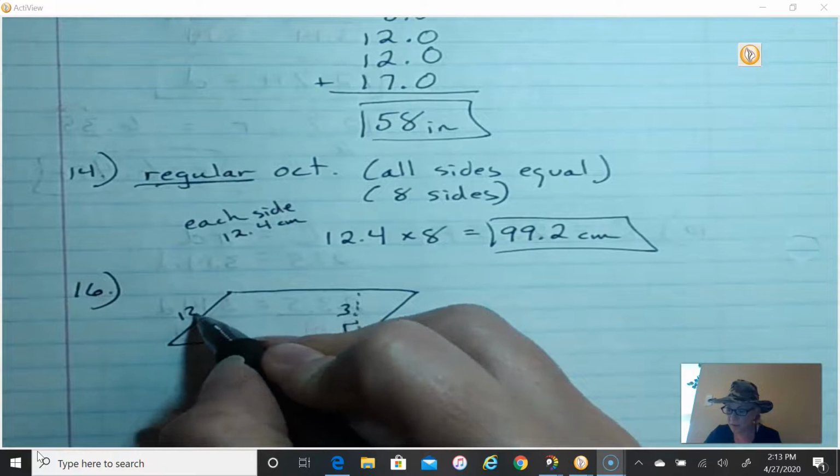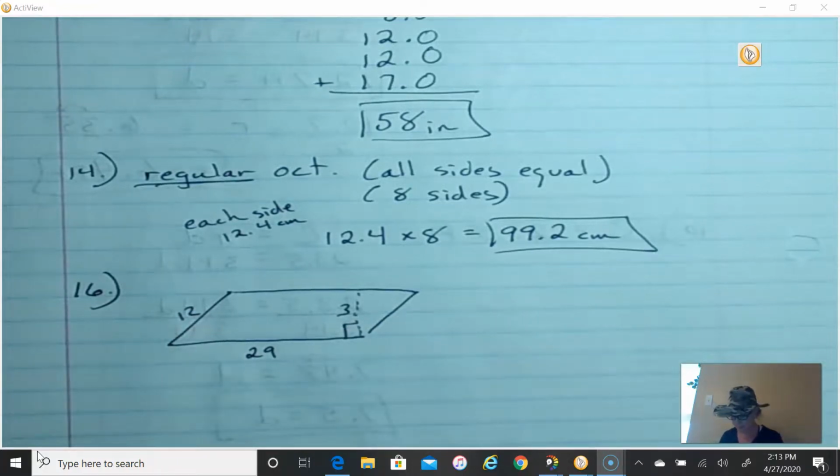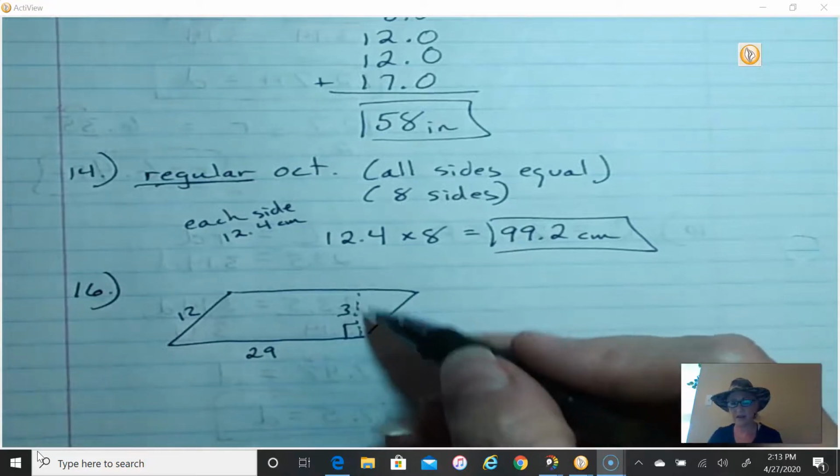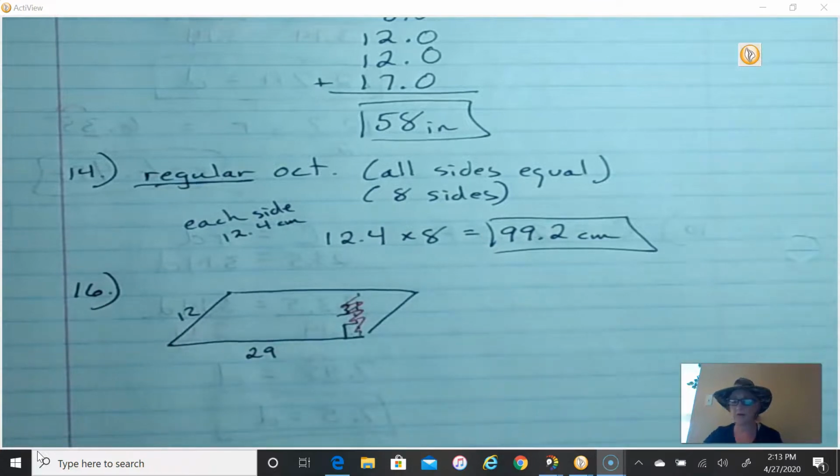They also give you 12 here and 29 here. You know what's wrong with that problem? That 3 means nothing. They threw that in there to mess you up. You're looking for the perimeter. That's on the inside. That has nothing to do with perimeter. They gave you that to throw you off.